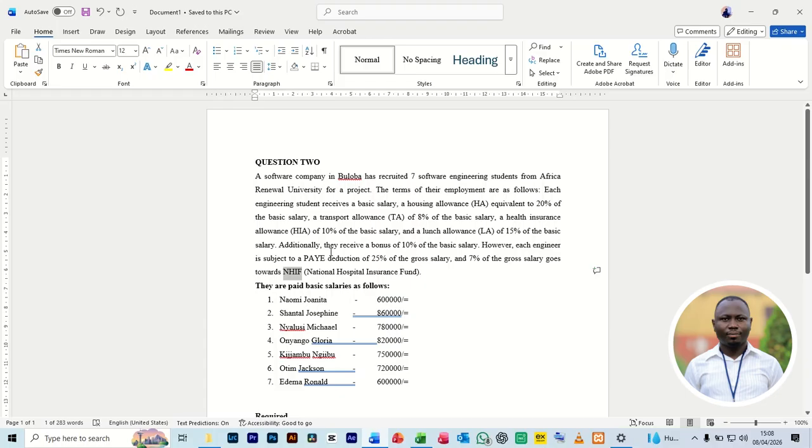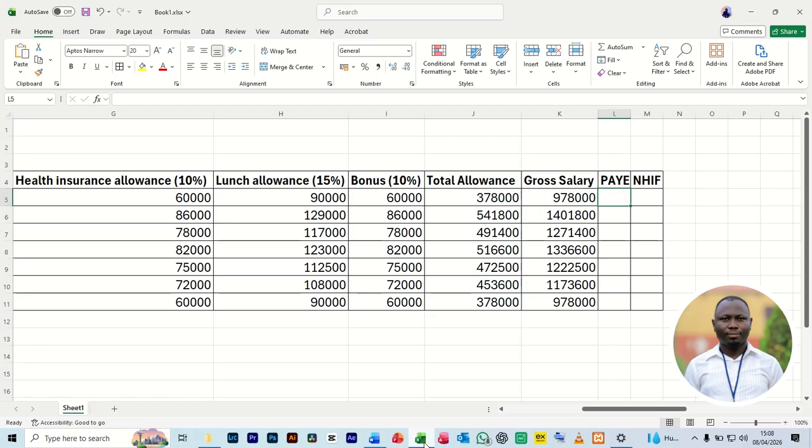Okay, let's read together. Here it says, however, each engineering student is subjected to a pay of 25% of the gross salary. Remember, this time we are not looking at basic salary, we are looking at gross salary. So 25% of the gross salary goes into pay.